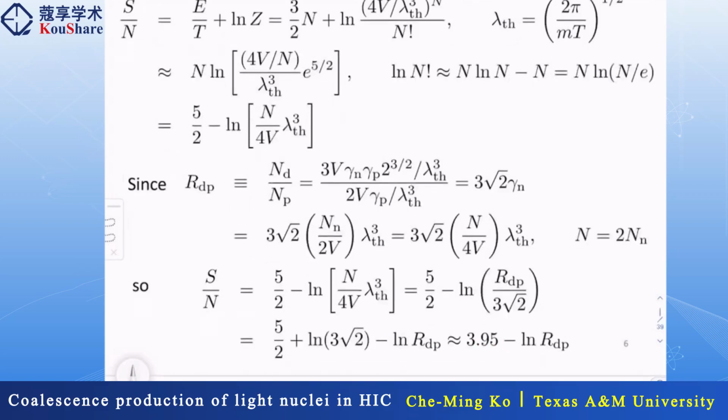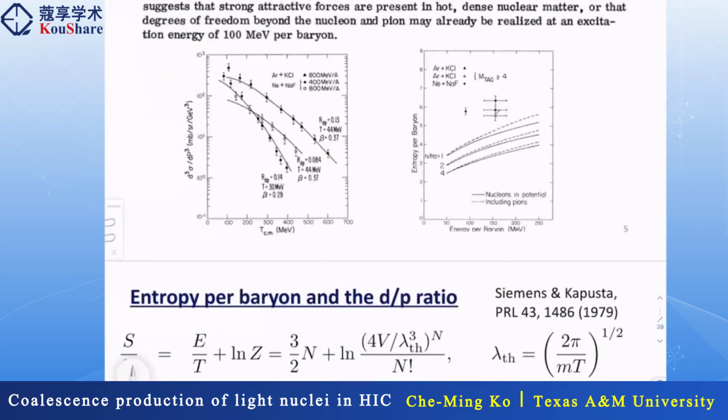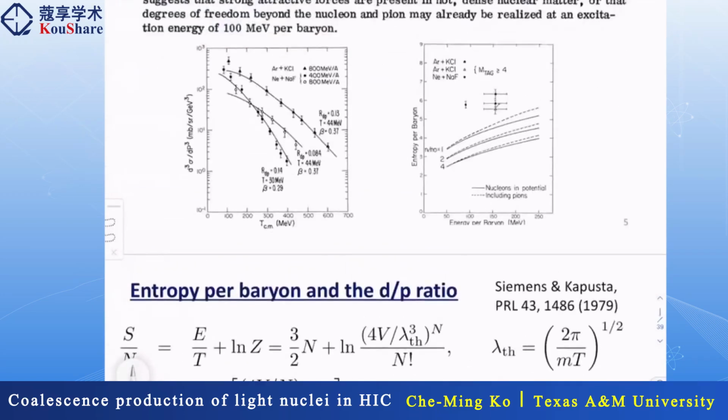That's the non-interacting one. Now, in the previous slide, we know that the ratio is very small, 0.1 or so, so the log is a negative number. So the entropy doesn't become very large from the measured one, right? If there's no deuteron, then you have 4.